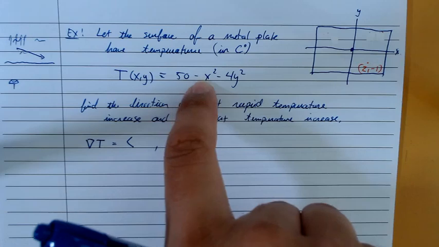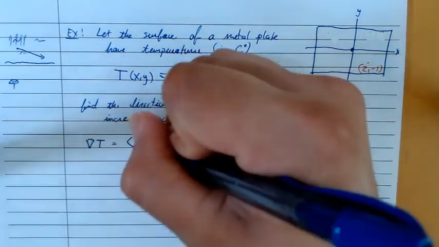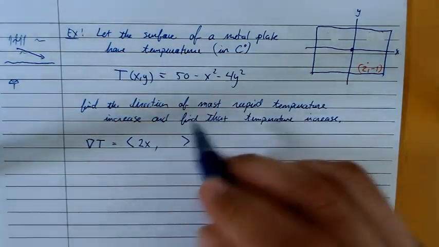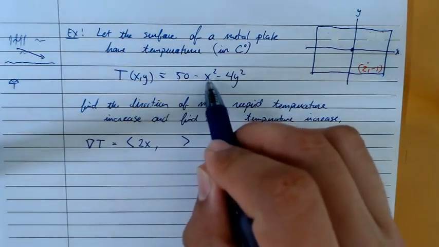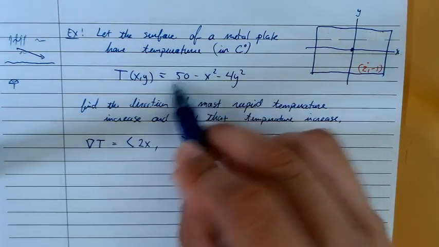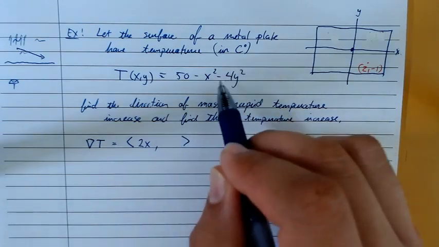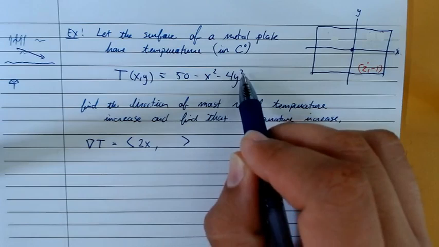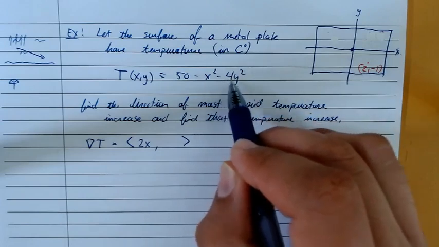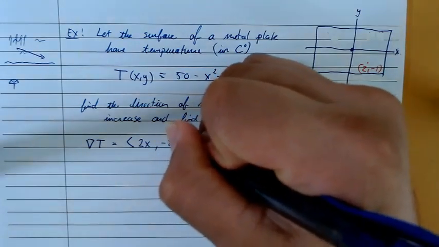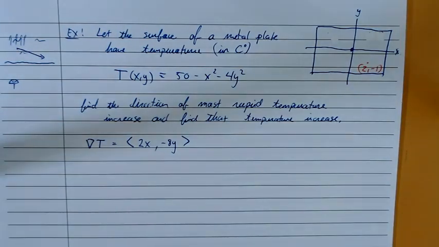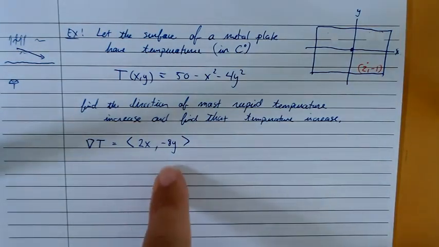Here, that's going to give me a negative 2x as the partial with respect to x. Likewise, the partial with respect to y: these are both constants with respect to y, so their derivative is going to be 0. And so here, the derivative of minus 4y squared with respect to y, take your 2, bring it down, will give you negative 8y. Just like that.